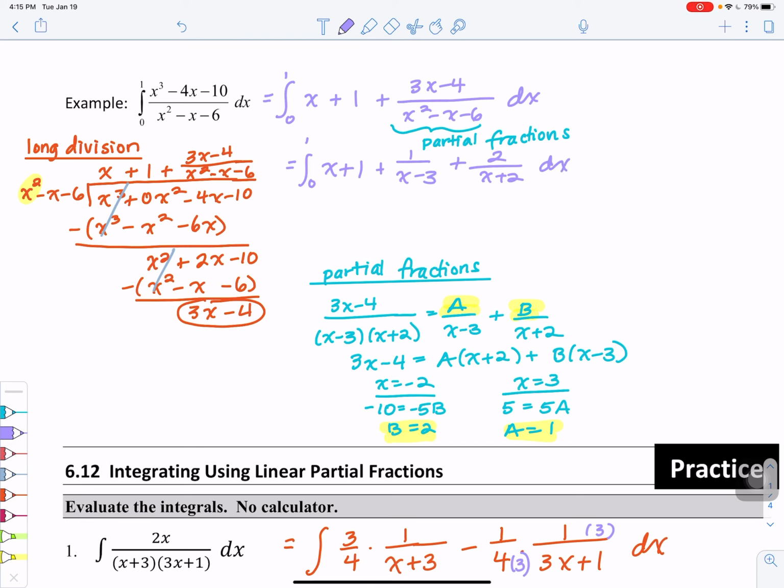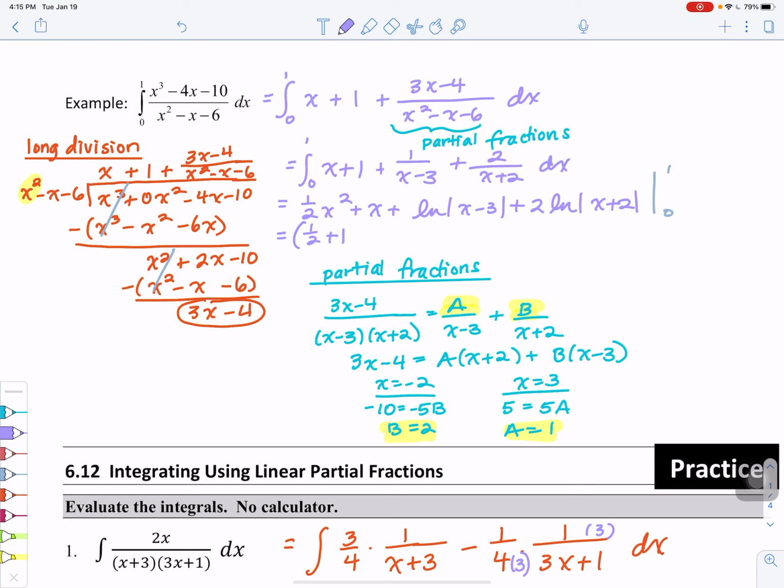Okay, so that's equal to 1/2 x squared plus x plus ln absolute value of x minus 3 plus 2 ln absolute value of x plus 2, and we are going to evaluate all of that from 0 to 1. I'm going to plug in 1 first, so let's do that.